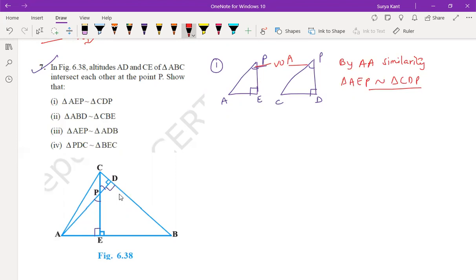Yes. Second part. Chanchal, how to prove the second question? Triangle ABD is similar to triangle CBE. How to prove? How should I start this question?